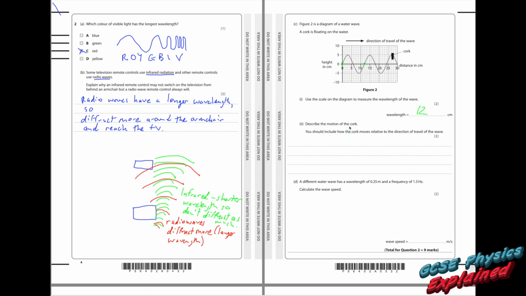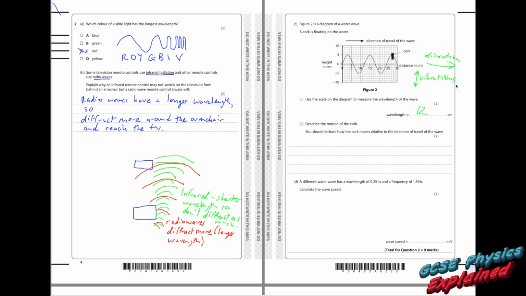Describe the motion of the cork. You should include how the cork moves relative to the direction of travel of the wave. So the wave is travelling this way and the cork is moving up and down.